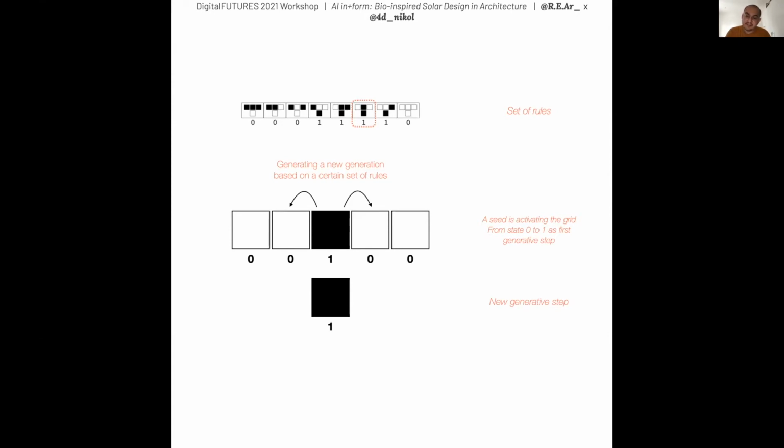Then the seed, the first cell that starts the CA as a first foundational step, reads what is going on beside itself. So I have two boxes beside me as a cell, and I understand, okay, my neighbors are white. So if my neighbors are white, then the rule that I must follow according to my instructions is this one. Okay, I can create a new black box.